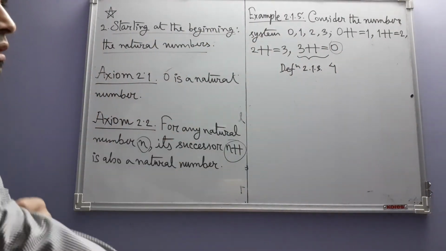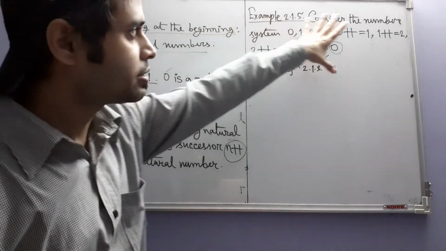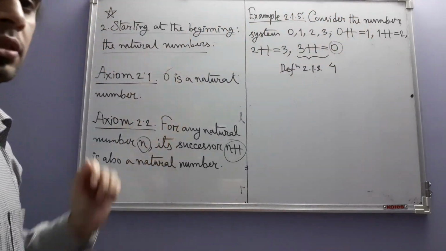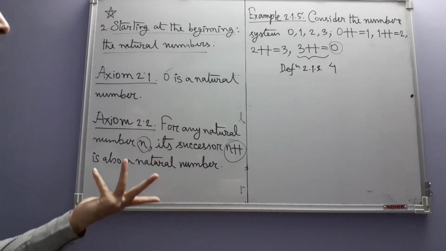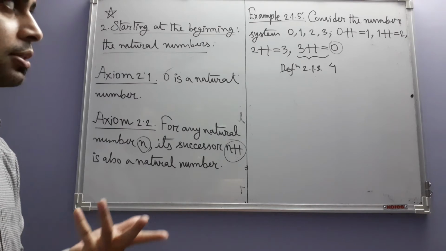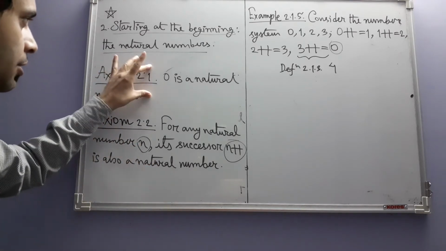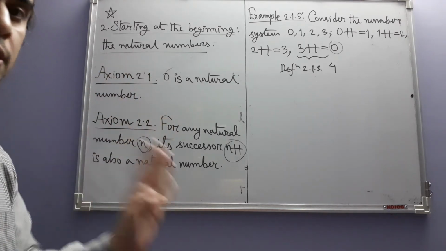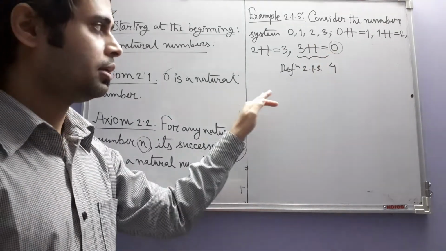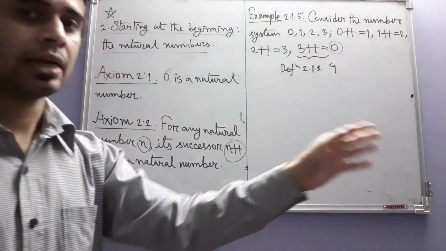The question is, in this number system, we have to check whether these two axioms are true or not. If they are true, we have a problem. Why? Because it says that these two axioms are not sufficient to capture our intuition of the natural numbers.